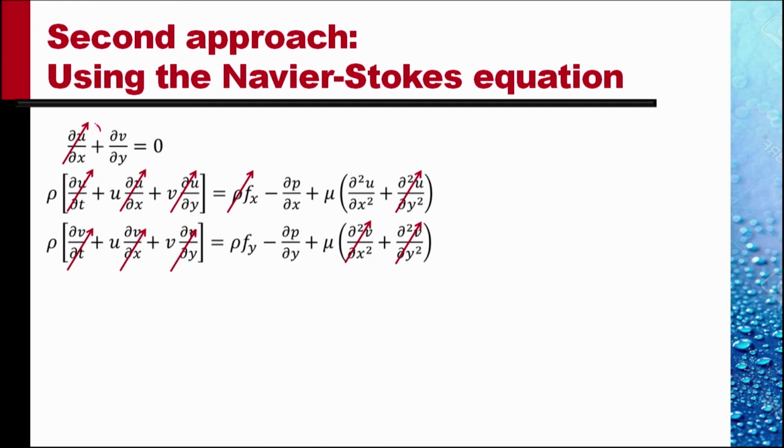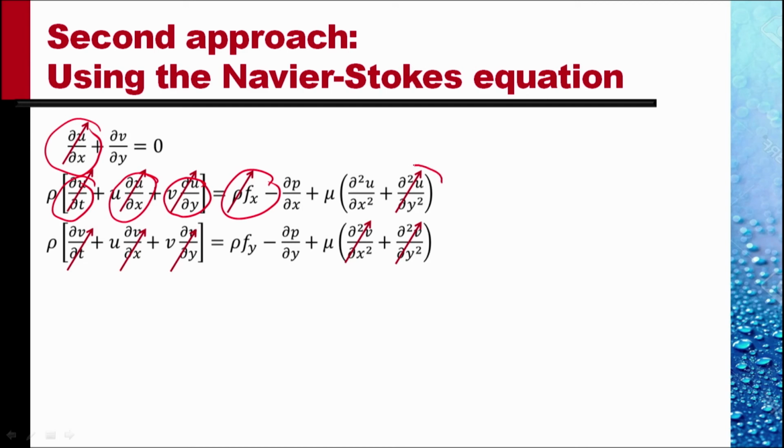This term disappears because u is not a function of x. This term disappears because the flow is steady. This term disappears because u is not a function of x. This term disappears because v is 0. There is no vertical component of velocity. This term disappears because there is no body force in the x direction. There is body force only in the y direction.